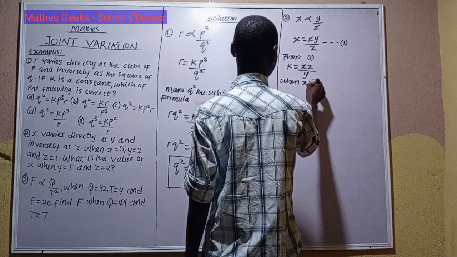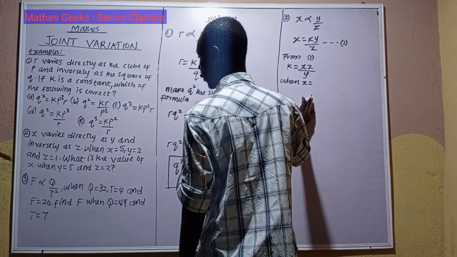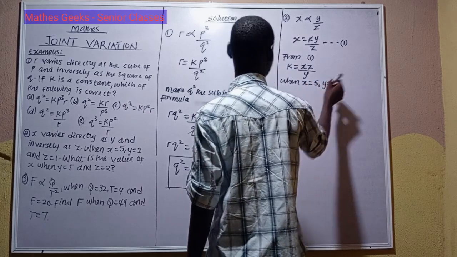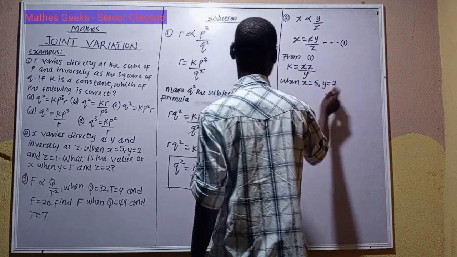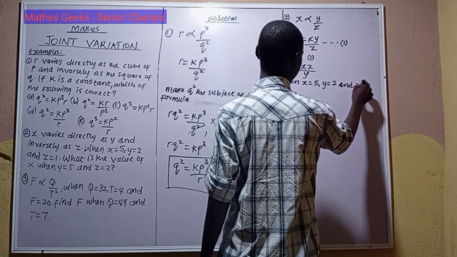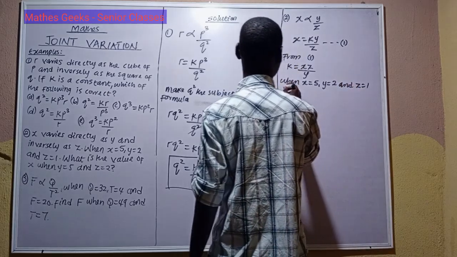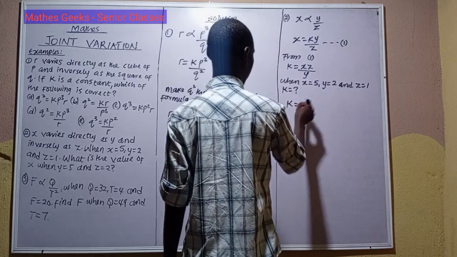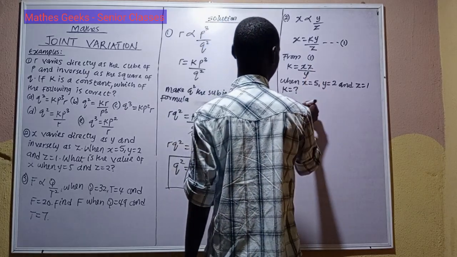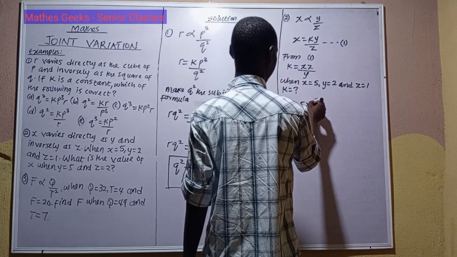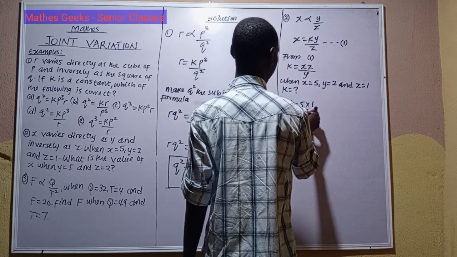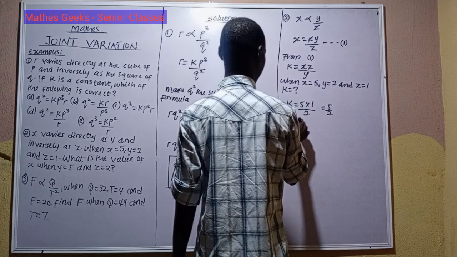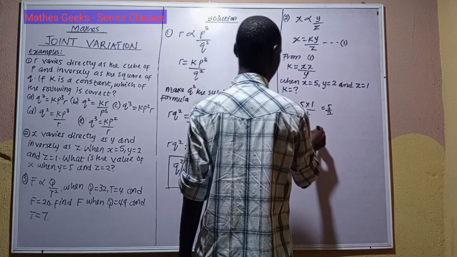When x is equal to 5, y is equal to 2 and z is equal to 1, k is equal to what? That's what we're going to find out. So k is equal to 5 times 1 over 2, which is 5 over 2. So k is equal to 5 over 2.